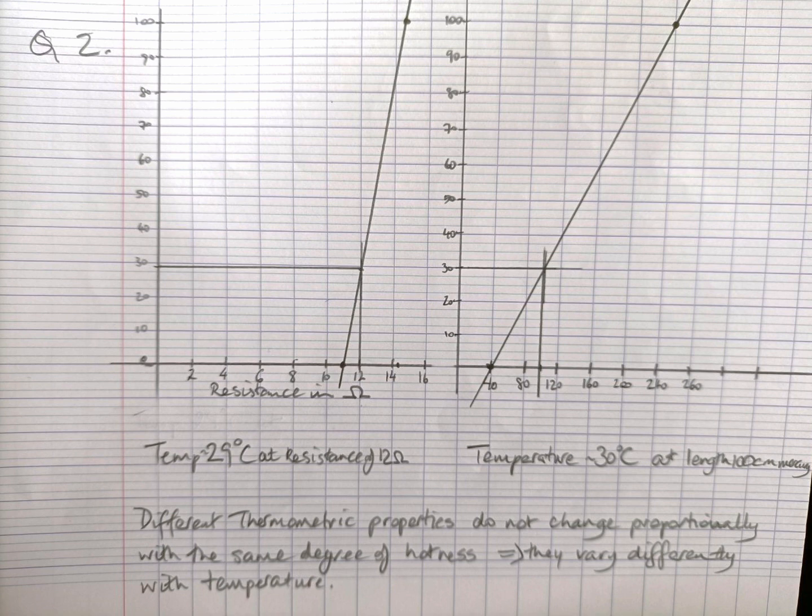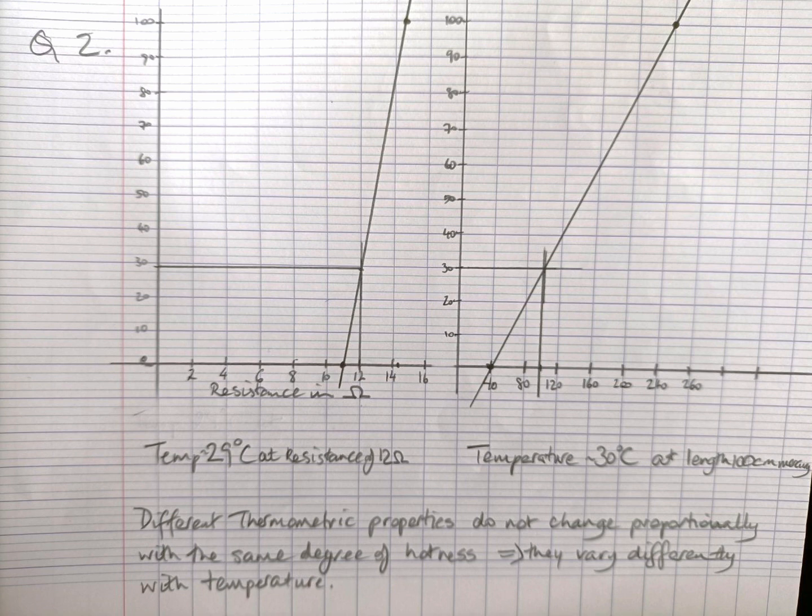So the resistance in ohms, we knew it was 11 ohms in ice. So your first fixed point was at 0 degrees, it was 11 ohms, and we knew it measured 14.3 ohms in steam. So your second fixed point at 100 degrees was 14.3 ohms.